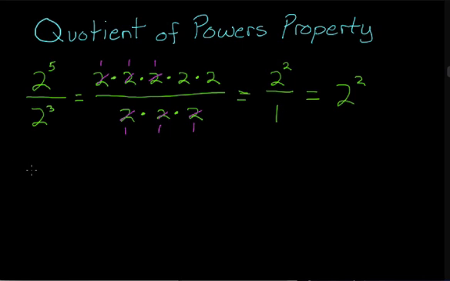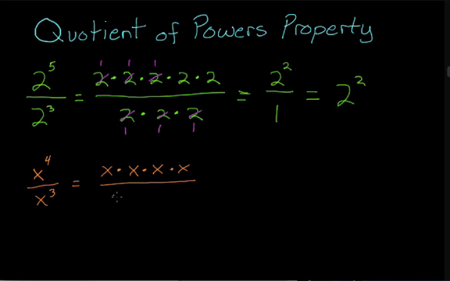Now let's use some variables and see what we get then. All right, let's do x to the 4th over x to the 3rd. What are we going to get? So that's just x times x times x times x.